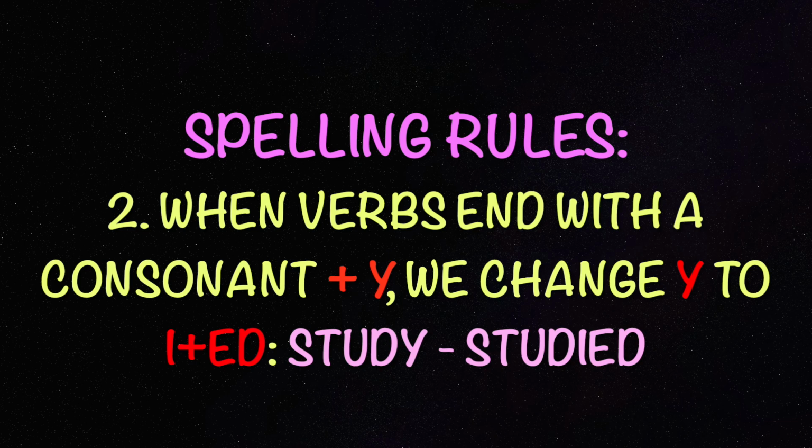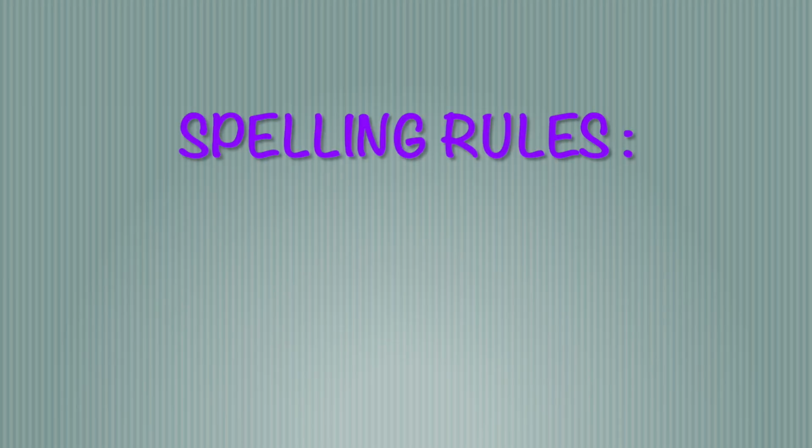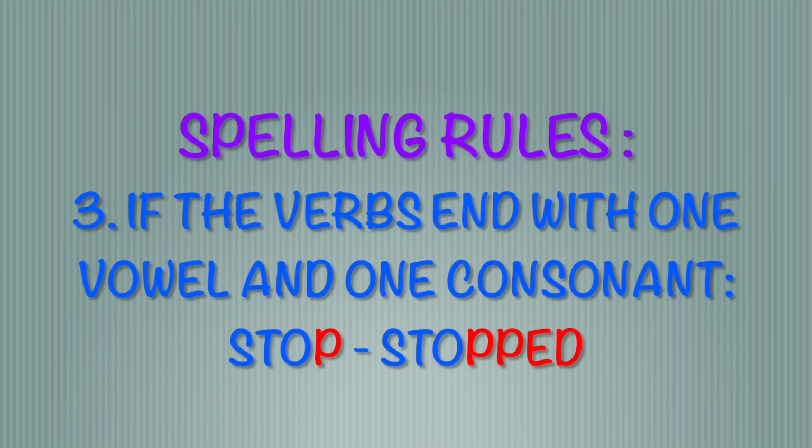For example, study, studied. The third one, if the verb ends with one vowel and one consonant, we need to double this letter. For example, stop, stopped. As we see here, we use double P. We doubled the last consonant of the original form of the verb.